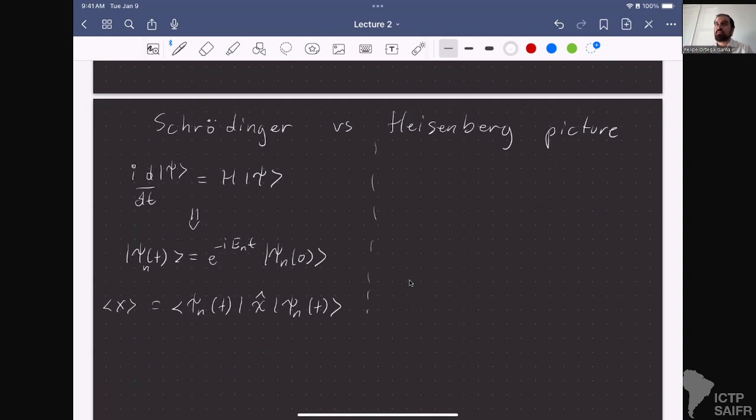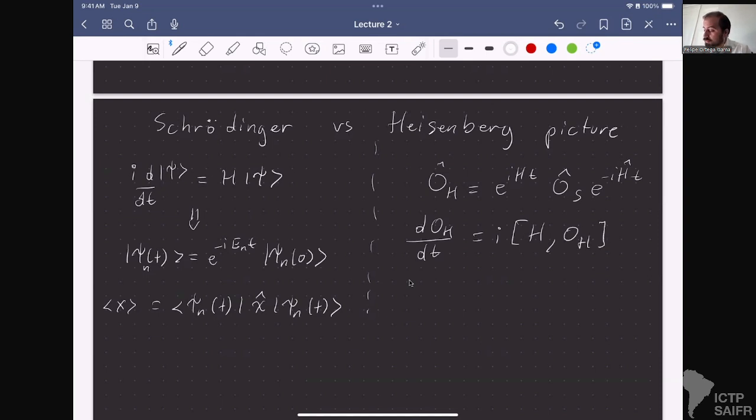In the Heisenberg picture, you assume now that your operators, Heisenberg operators, if you wish, have a time dependence given again by the Hamiltonian operator, that's given by this equation. From this equation, you can derive some kind of Schrödinger equation for the operator, where the time derivative is given by the commutator with the Hamiltonian.